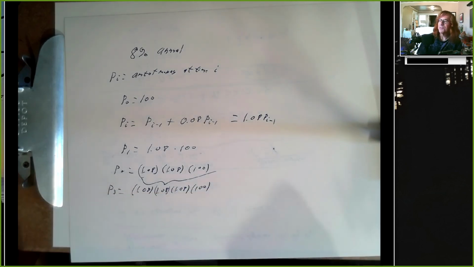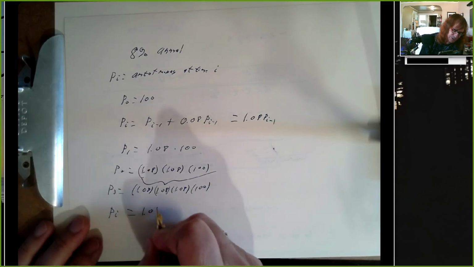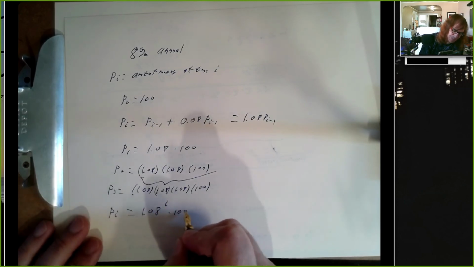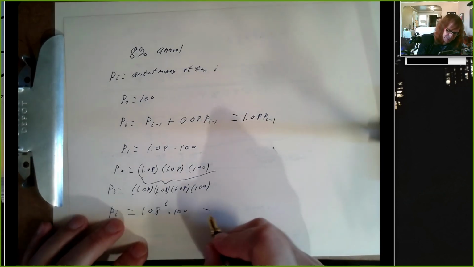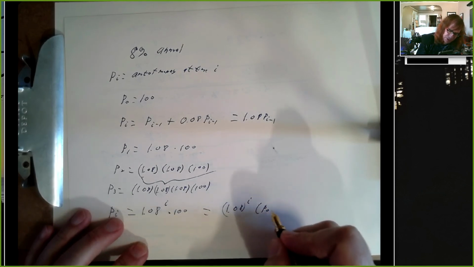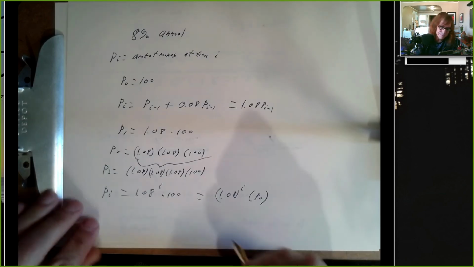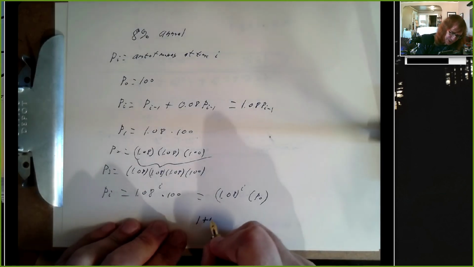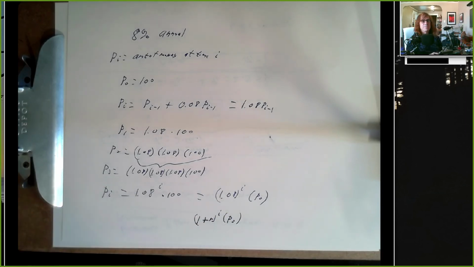And we can generalize this and say your principal at time i will be 1.08 to the i times 100, or more generally, 1.08 to the i times your initial investment. Or for an annual interest rate of r, 1 plus r to the i times your initial investment.